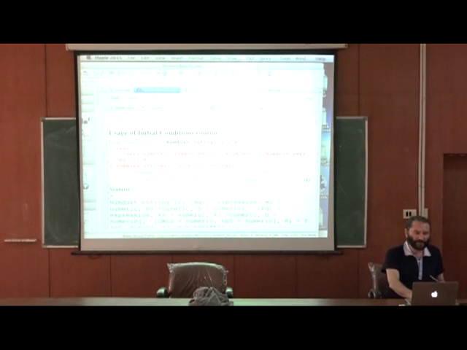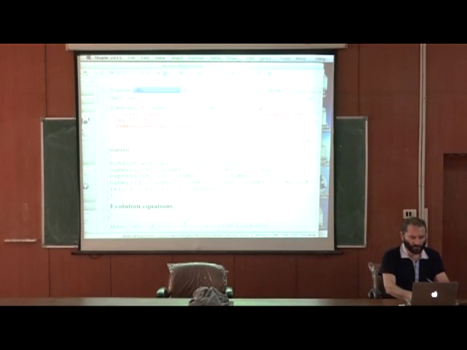Now, usage of the initial conditions routine. We load the binary file here, and this is the syntax. This is the way we're going to use the procedure.